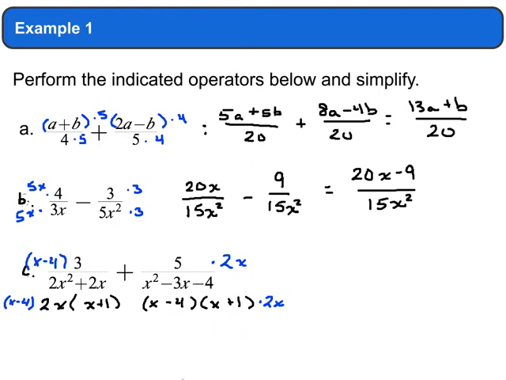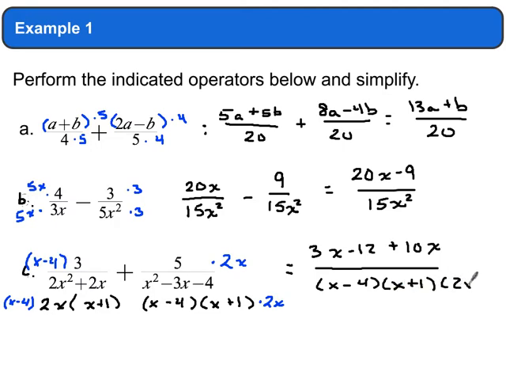So now that I've accomplished that, I can take and I can multiply these two together. So I get 3x minus 12, and then plus a 10x. Right, that's all over my common denominator of x minus 4, x plus 1, and 2x.